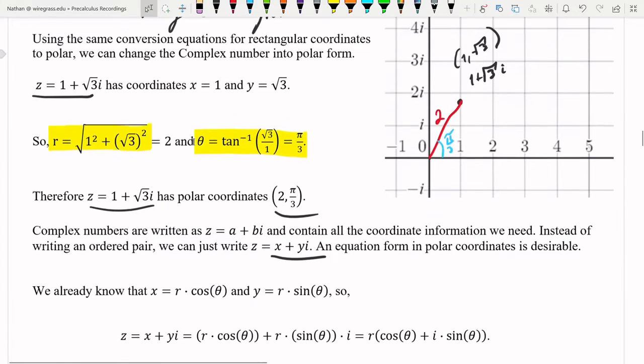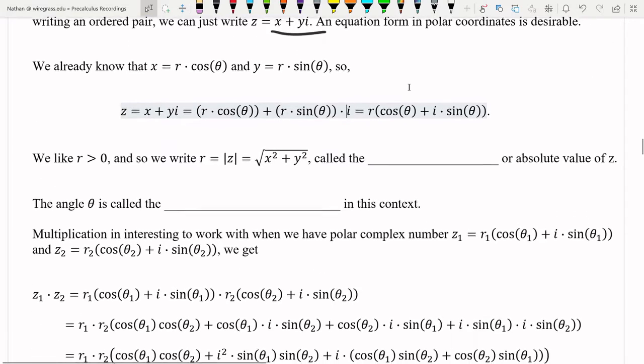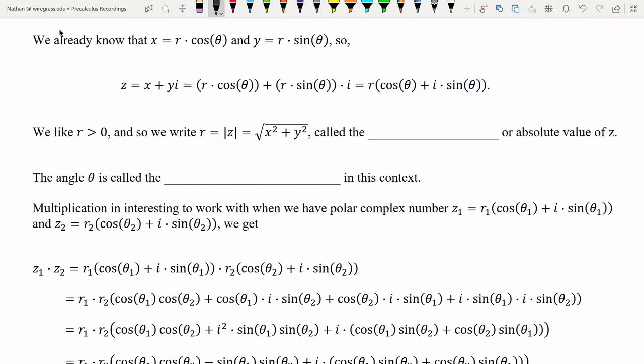To do that, we already know that x equals r cosine theta and y equals r sine theta. So for the standard form of a complex number, we just plug this into our x spot, plug this into our y spot. We get r cosine theta plus r sine theta i, and then we can distribute out the r to get this polar form here.